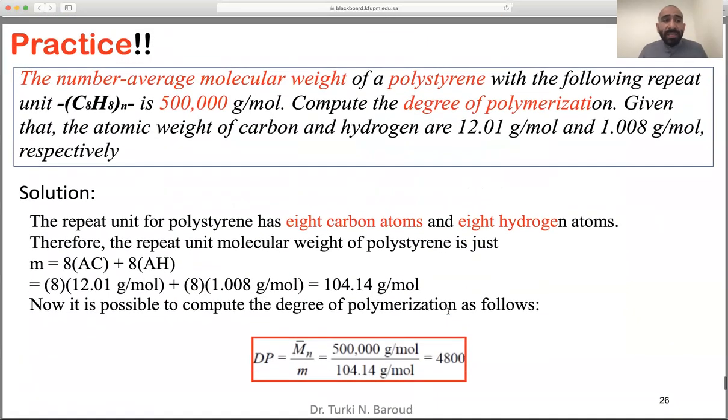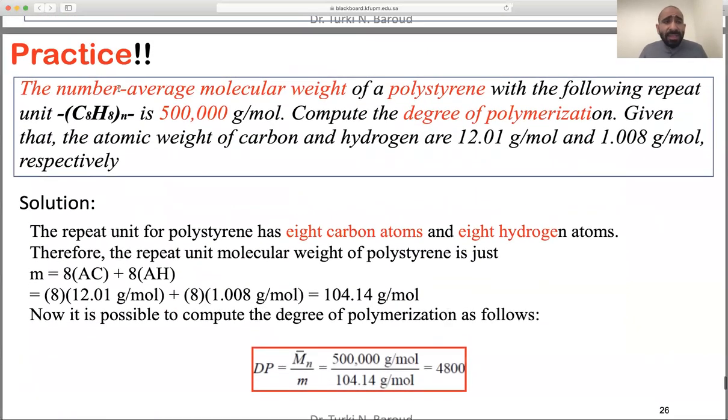Quick example here. For example, the number average molecular weight of polystyrene is given. This is going to be the top part here, right? This one is given as 500,000 grams per mole. Okay, great. And then the degree of polymerization will be calculated by dividing this number by the molecular weight, M. Now, how can you calculate the molecular weight? You look at the repeated unit.